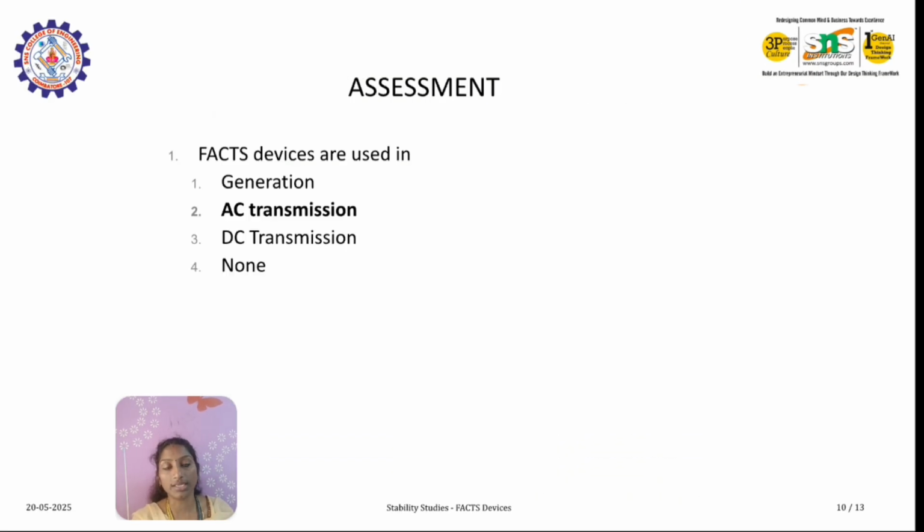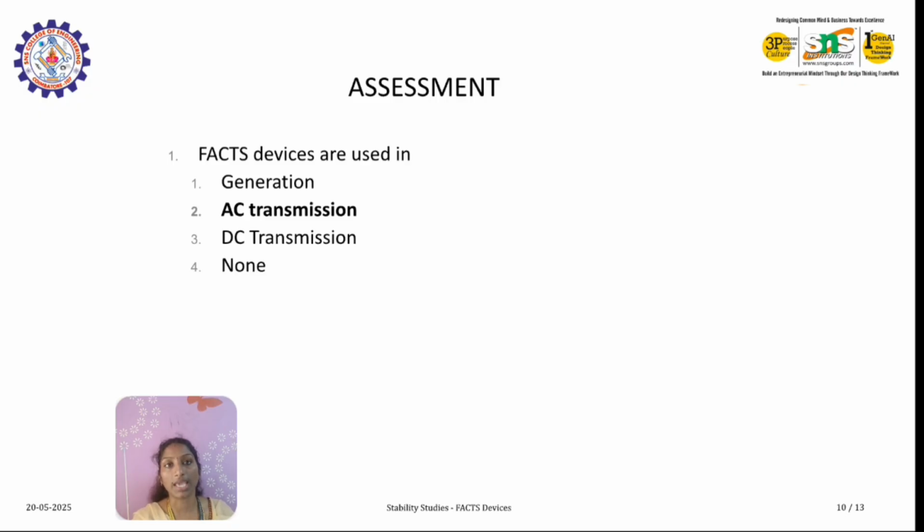So in this video, we have learnt what is FACTS, objective of FACTS, and types of FACTS devices. Let us have an assessment: FACTS devices are used at which place: generation, AC transmission, DC transmission, or none of the above.